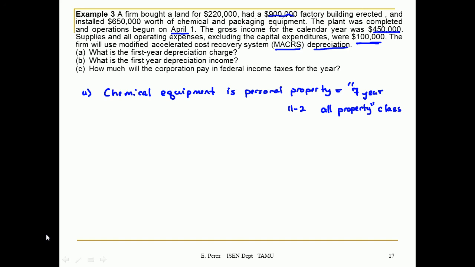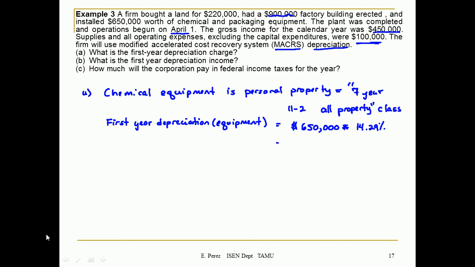And for the first year depreciation of the equipment, that will be equal to the cost of the equipment, which is $650,000, times that percentage, which for the first year is 14.29%.